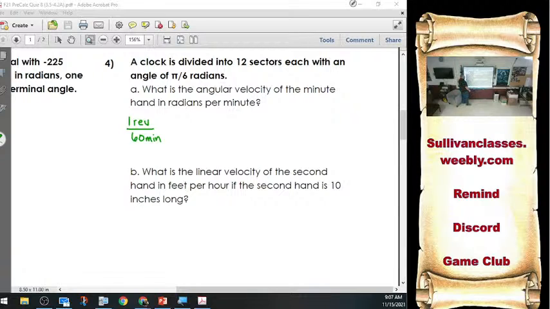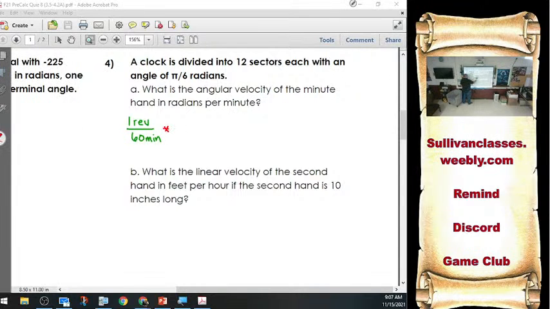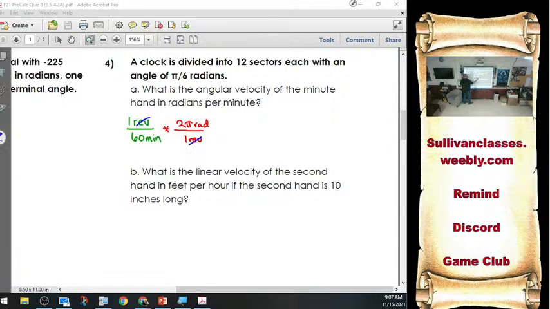That many revolutions to that many minutes. I want to know radians per minute. And I know that 1 revolution is 2 pi radians. Cancel, cancel. Pi over 30 radians per minute.